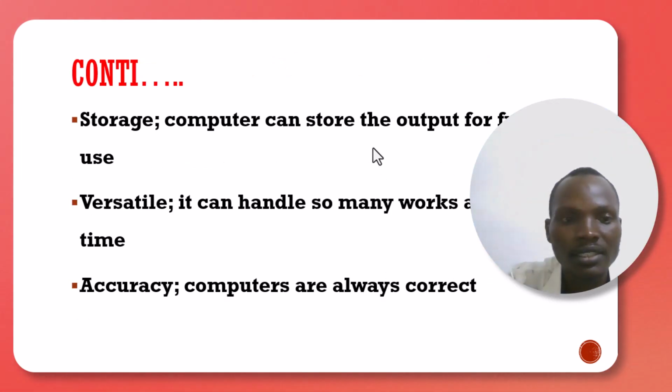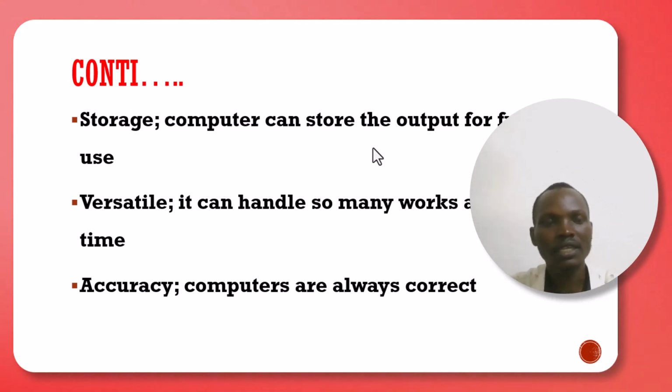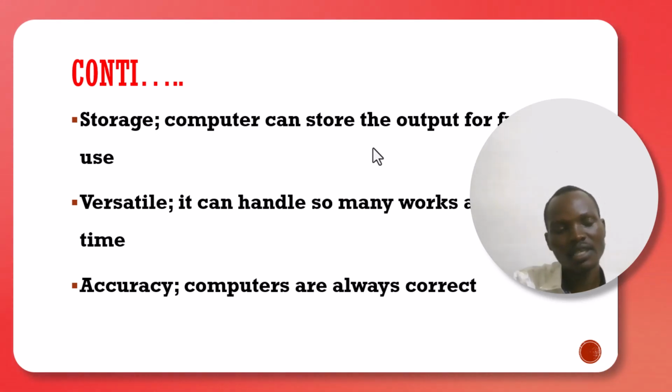Modern computers have very high speed. In other words, they can perform so many tasks within seconds. A computer also has the capacity to store the information which it has processed for future use. This can be done through features like the hard disk drive, which the computer always has.